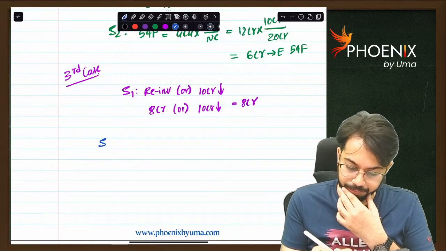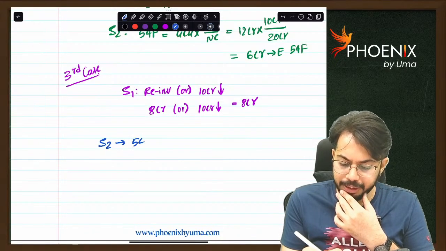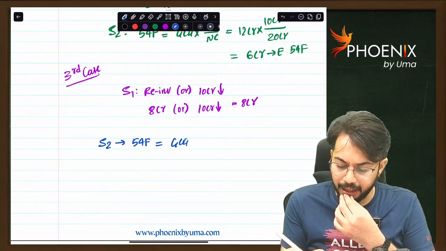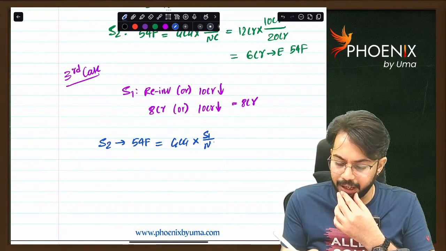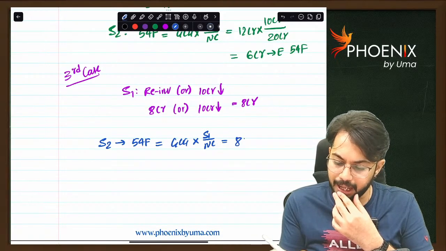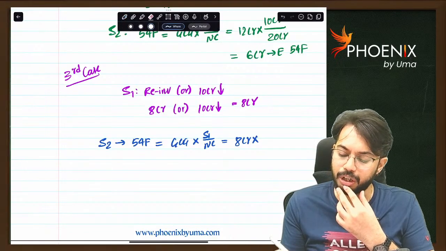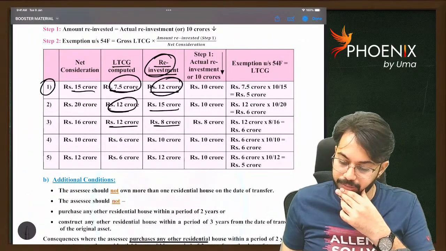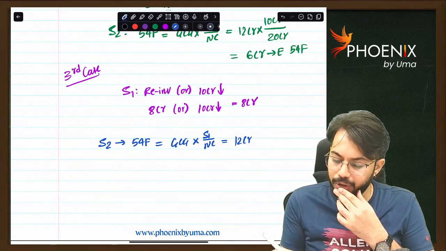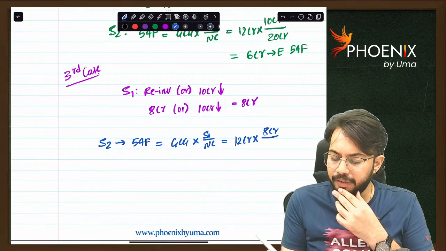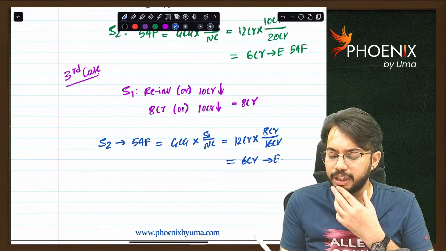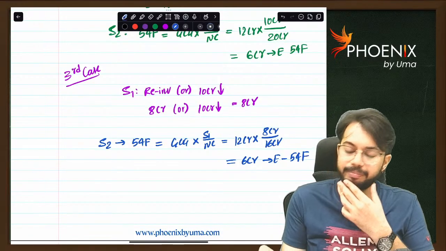Step 2, exemption under section 54F is equal to gross capital gain into step 1 divided by net consideration. Gross capital gain 8 crores. Sorry, gross capital gain 12 crores. 12 crores into 8 crores divided by 16 crores. 6 crores is exemption under section 54F.